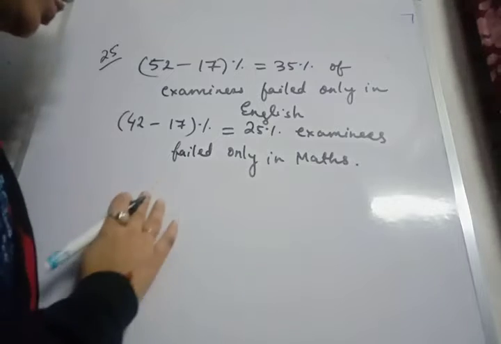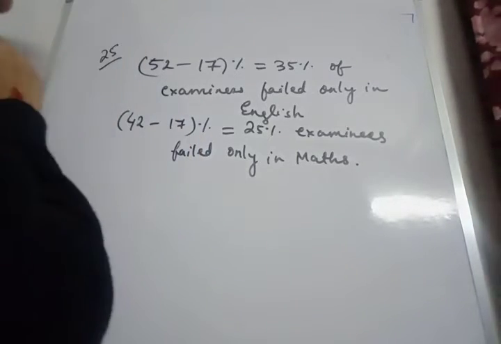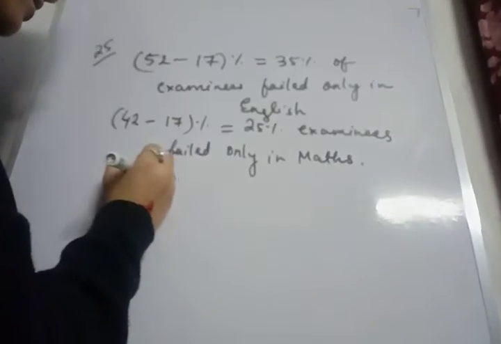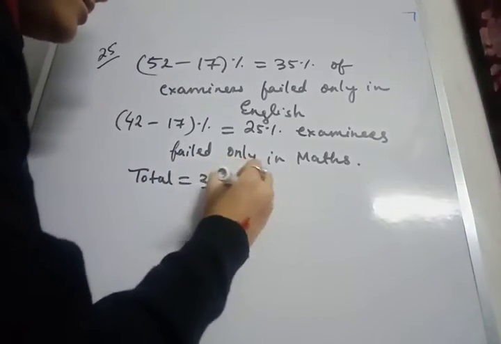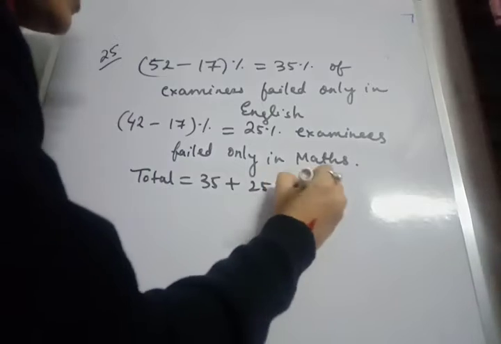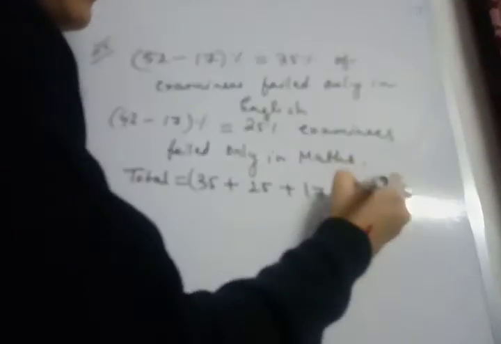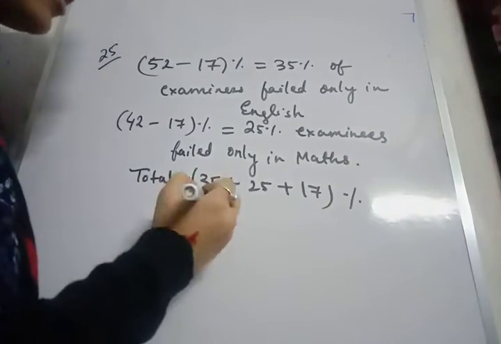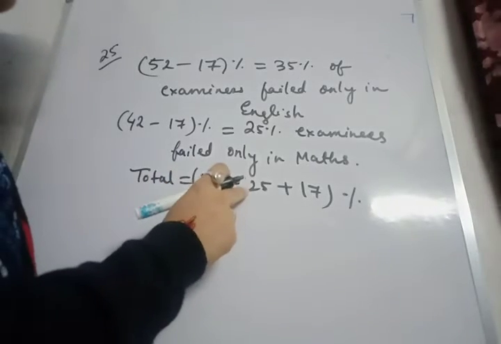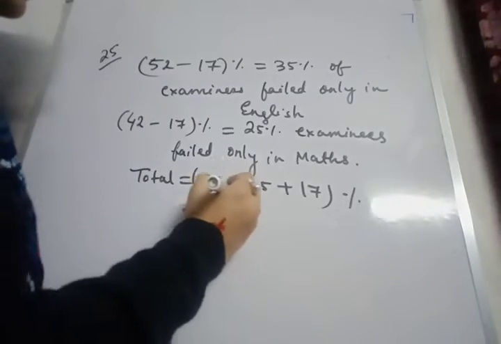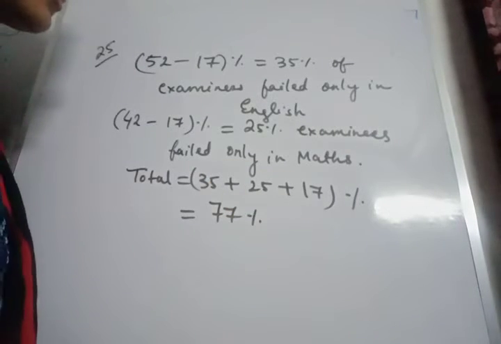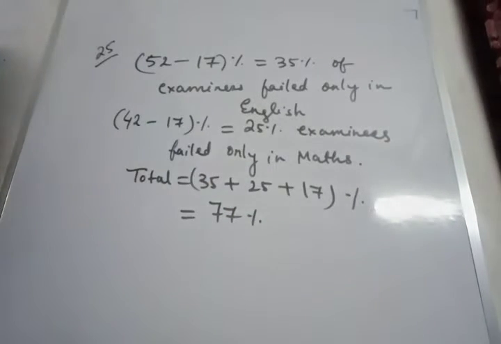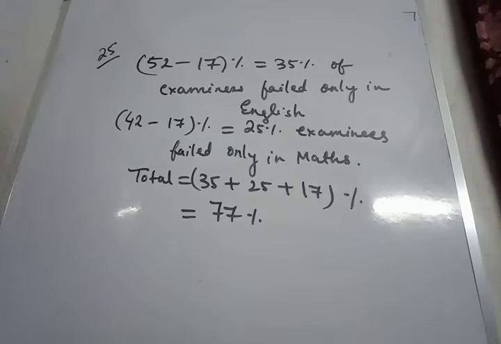Right. So the total percentage of examinees who failed, total is how much? 35% plus 25% plus 17% equals to how much? 77%. This is the total percentage of examinees who failed.